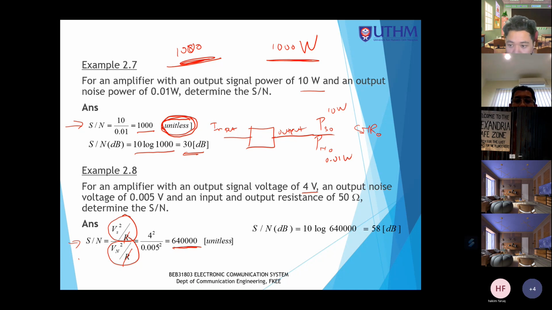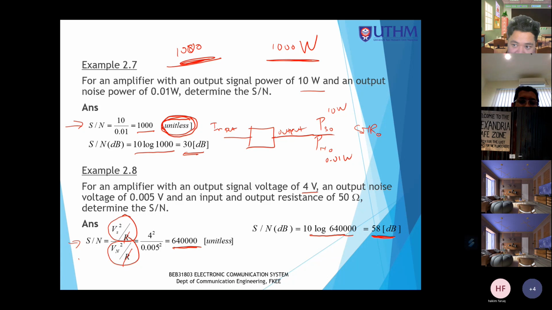Dan dalam decibel 10 log 640,000, so we get 58 dB. Okay, kita dapat 58 decibel. So nampak apa tujuan kita tukar kepada decibel? What's the purpose of decibel?